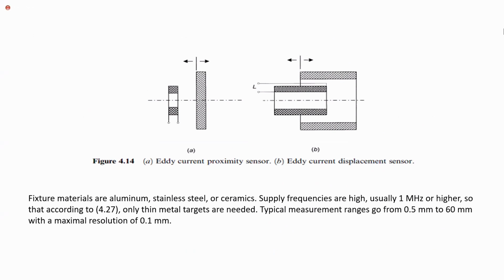In the eddy current sensors, we have moved one magnetic material or non-magnetic material near another current carrying conductor so that we'll get disturbances in the magnetic flux. That variation we can use to estimate the physical parameters.